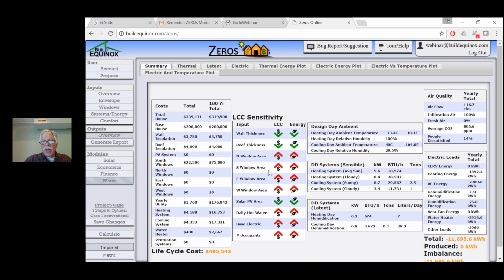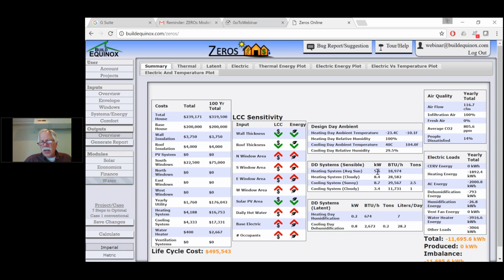And over here, this is telling me I'm beyond where window area would be an energy benefit. And I'm at about 25% window to floor area ratio, and generally somewhere in the range of about 10% window to floor area is a good place to be, where it doesn't drive your economics, it doesn't drive your conditioning system.